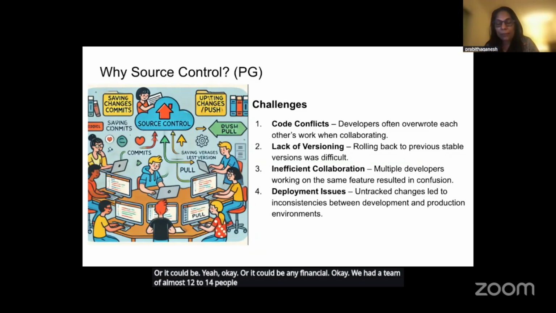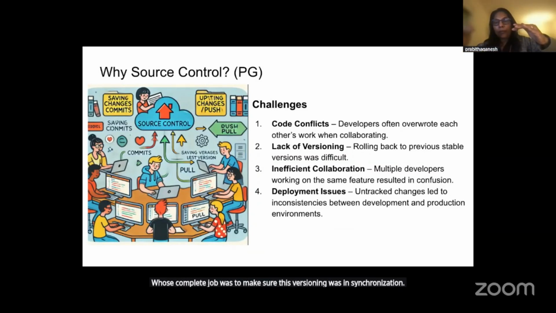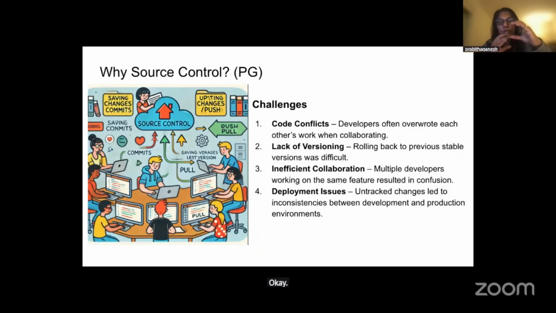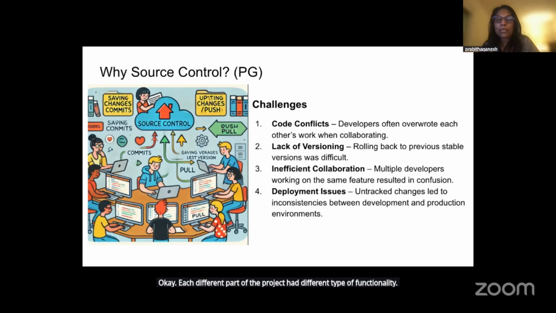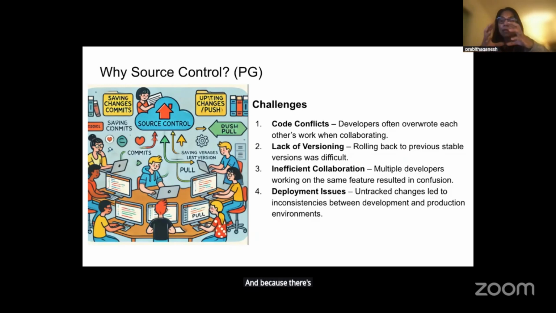We had a team of almost 12 to 14 people at any given time whose complete job was to make sure this versioning was in synchronization, because each different part of the project had different functionality. When you as a customer come to use PayPal, one person will be trying to pay you, and you will be paying somebody else.